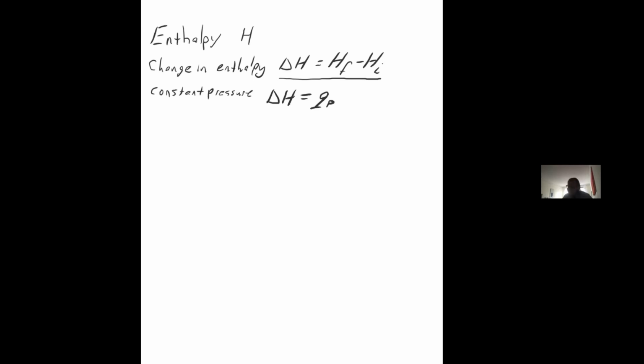So you can find delta H, which is how much energy the reaction gained or lost through the form of heat. In the next type of problem, we're going to use the general properties of reaction enthalpy.